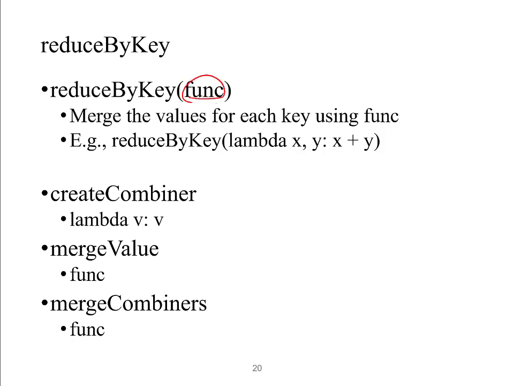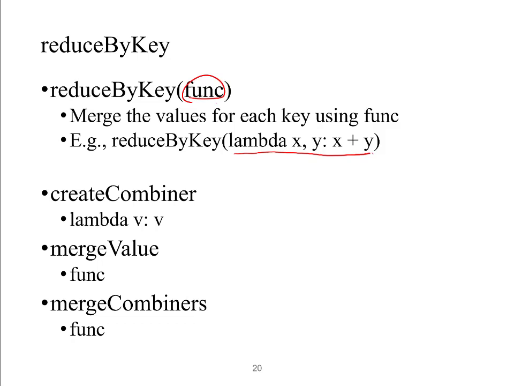So this is the input parameter of reduce by key. For example, if we define the function like this, then basically reduce by key will do the summation for a key. It will sum all the values together as the final value corresponding to that key.